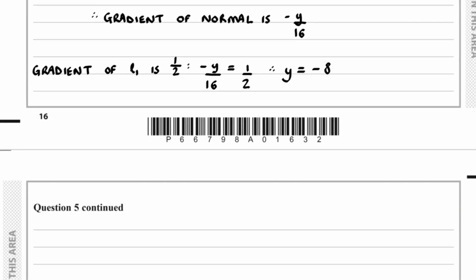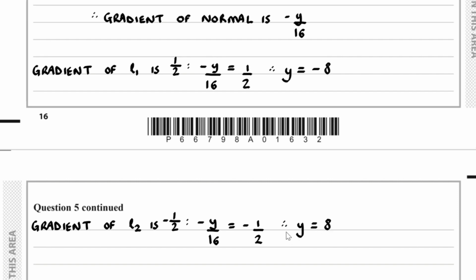And similarly, if the gradient of L2 is minus 1/2, then we would have minus y over 16 equals minus 1/2, in which case you can see y is equal to positive 8.